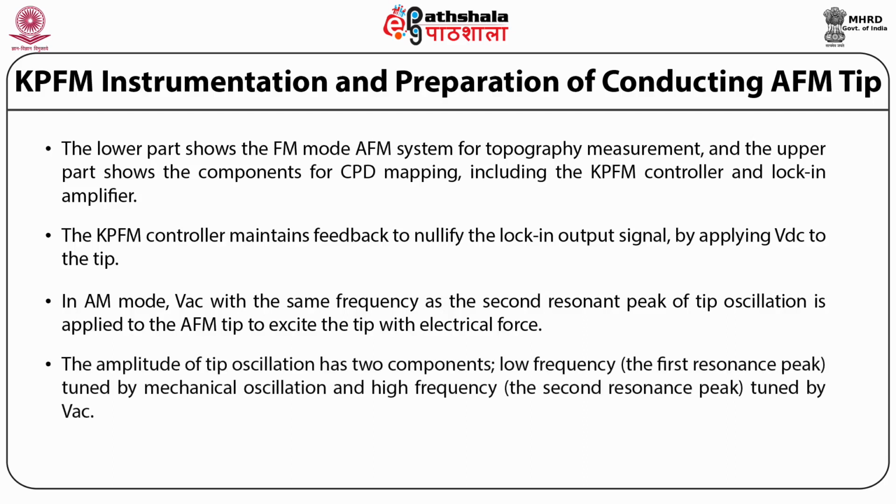The amplitude of the tip oscillation has two components: low frequency, the first resonance peak, tuned by mechanical oscillation, and high frequency peak, the second resonance peak, tuned by potential at alternating current. A band pass filter filters the low and high frequency signals.